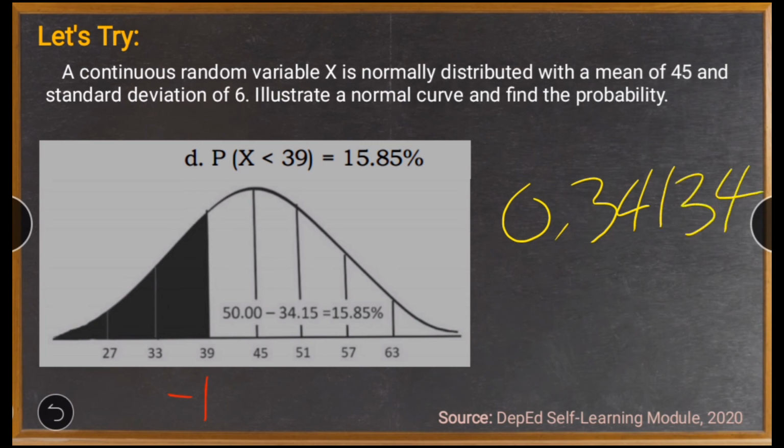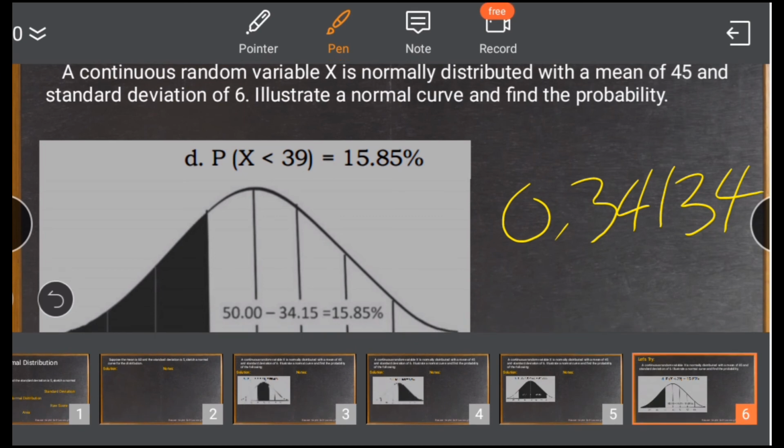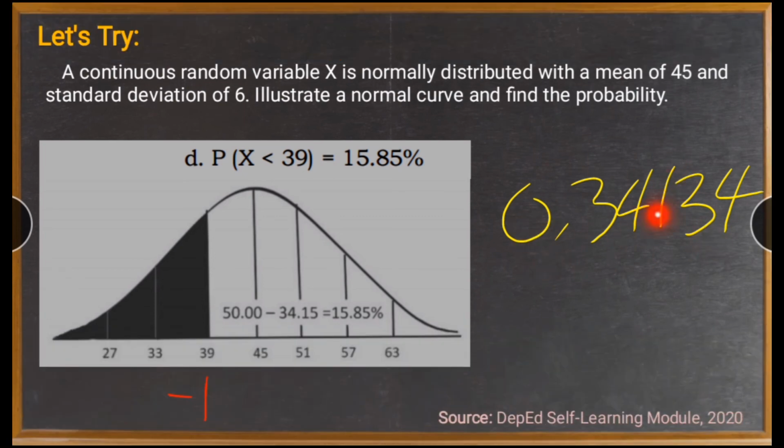So to get this from 0 to 1, we have 0.34134. And since we are asked for less than -1, remember that this one is 50%.